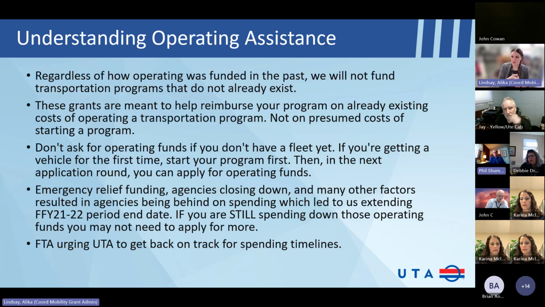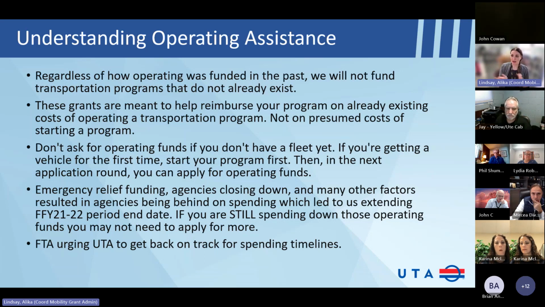Emergency relief funding, agencies closing down, and many other factors resulted in agencies being behind on spending, which led us to extend those past grants, federal fiscal 2021 and 2022. We extended that period end date. And that's why a lot of people are confused, because they're going, well, I had operations in that grant year that I'm still spending.